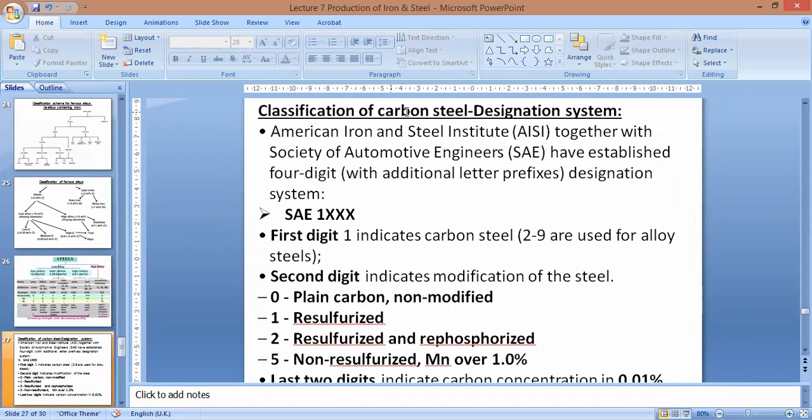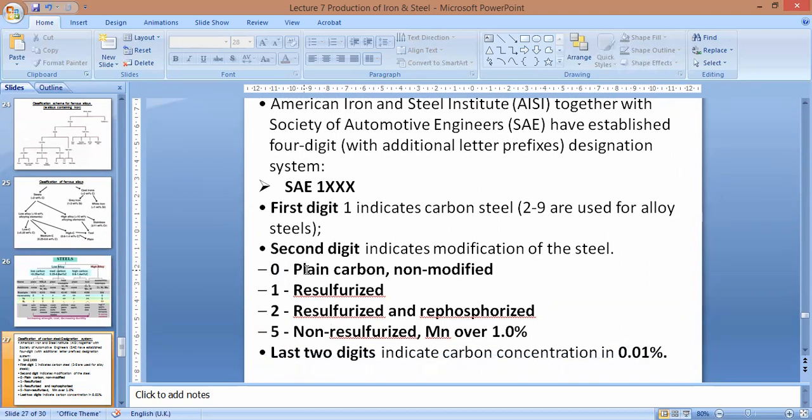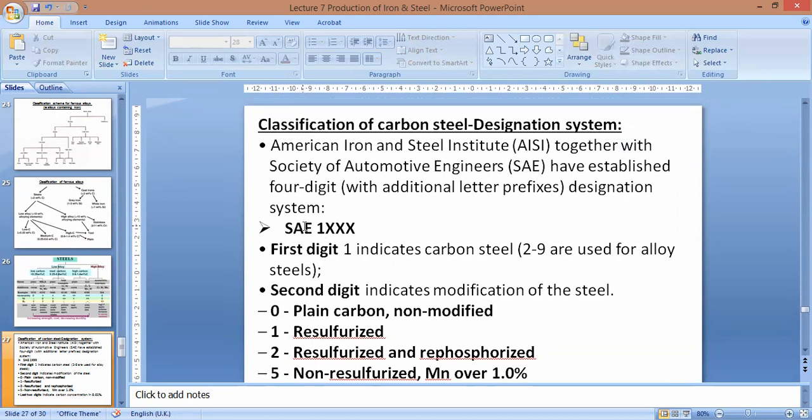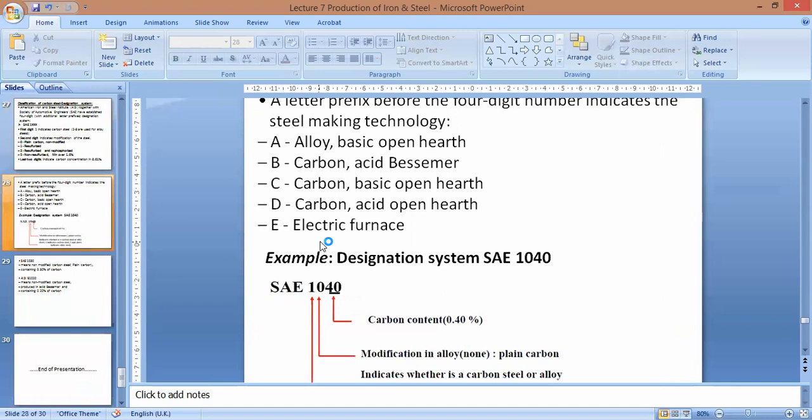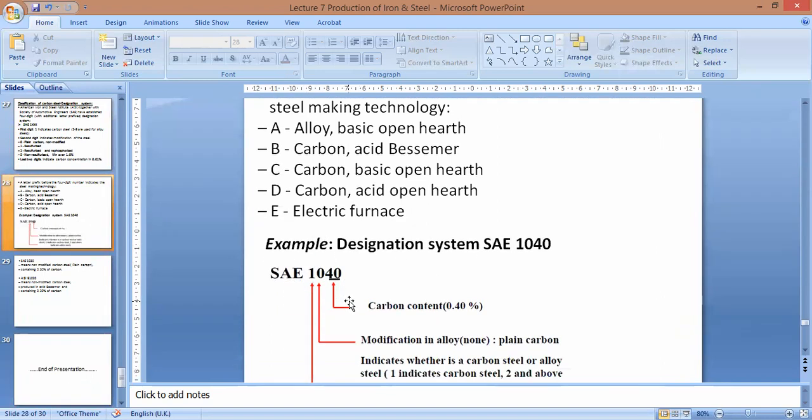So this is just showing us the classification of carbon steel designation system. So these are the figures, the codes that you see on different types of steel. For example, a knife, you usually see these digits, these codes. I don't know if you've seen them before on different types of steel tools or equipment. So the last 2 digits are signifying the carbon content.